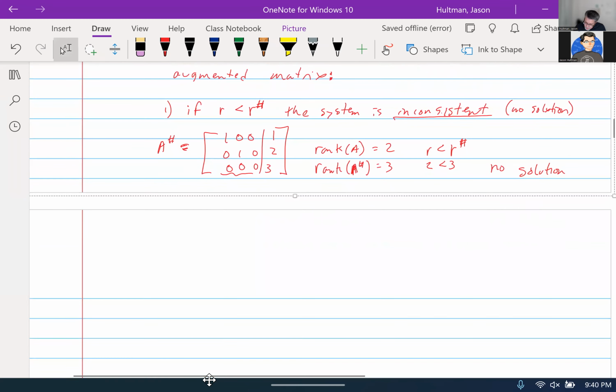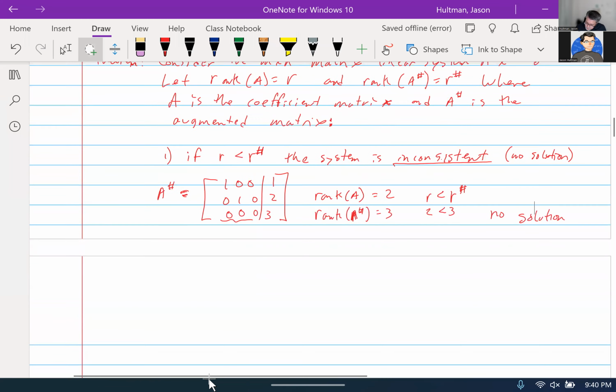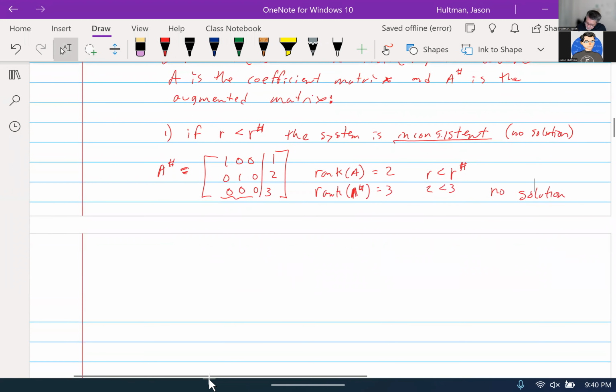Okay, let's go to the second thought on this. The second thought is if R equals R pound, if the rank of the coefficient matrix and the rank of the augmented matrix are equal, the system is said to be consistent.